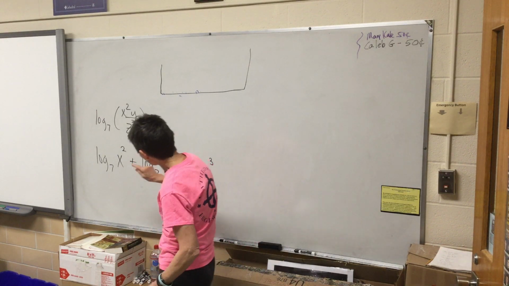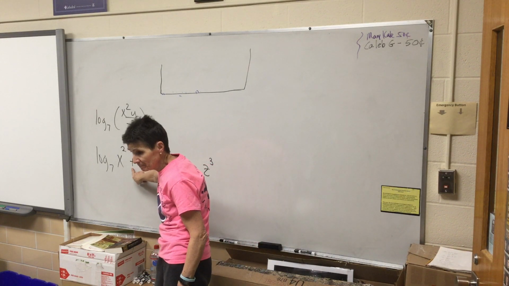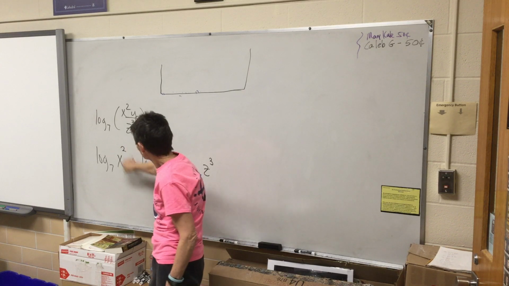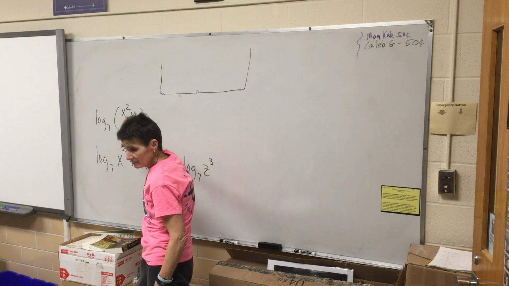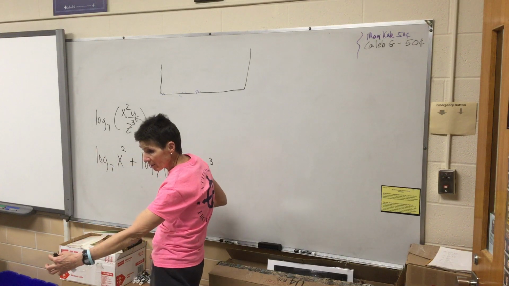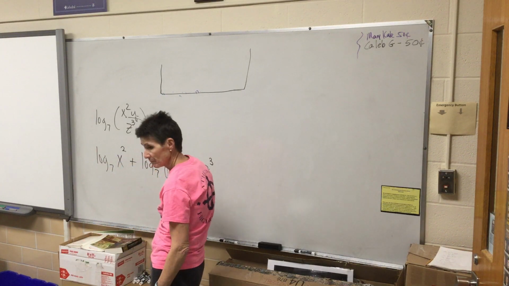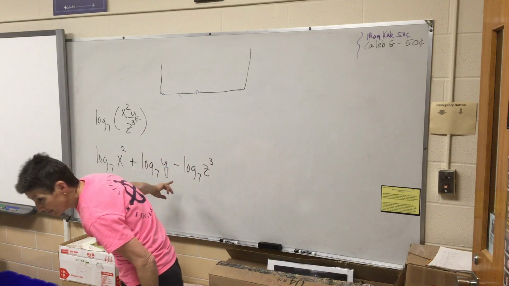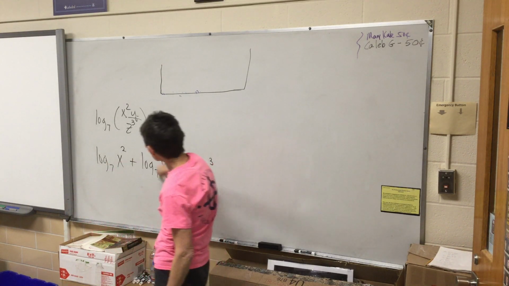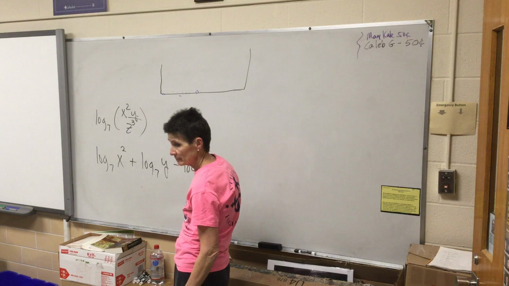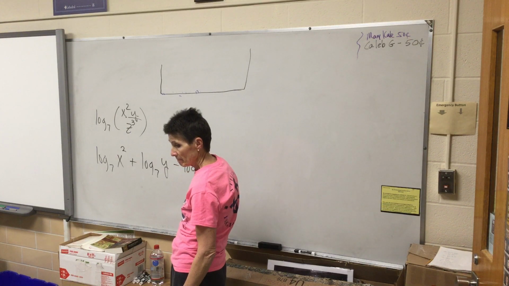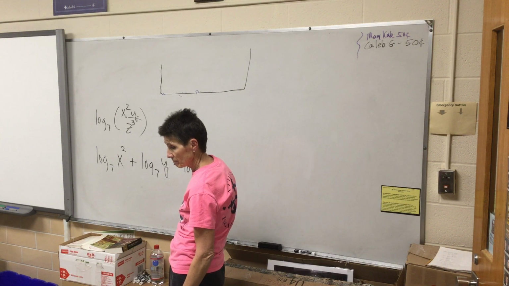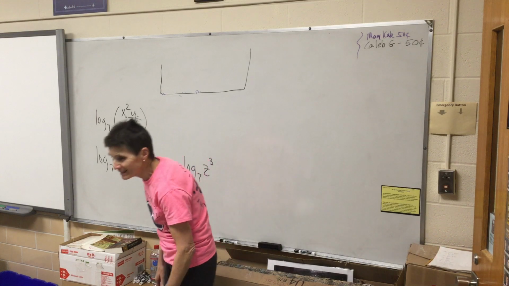Does everybody recognize where this plus came from? These two are multiplied. So when I pull it apart, it's a plus. That is a minus because this is a division. Now we're not quite done.